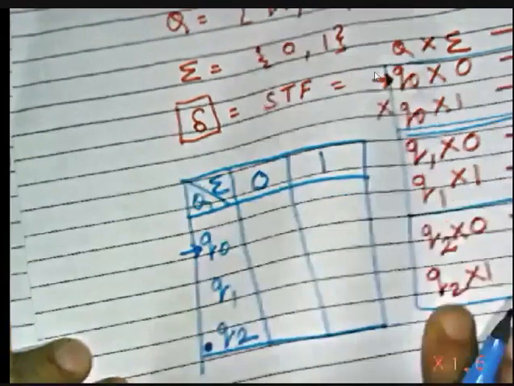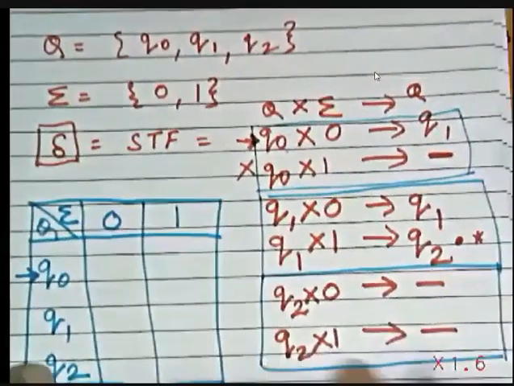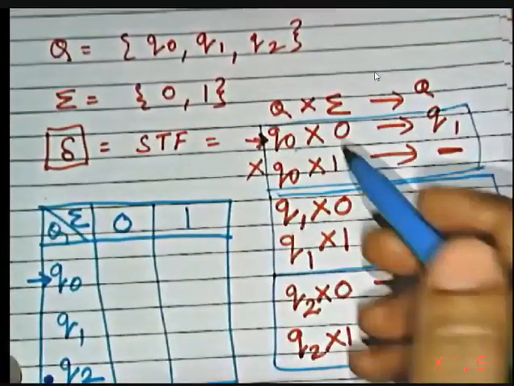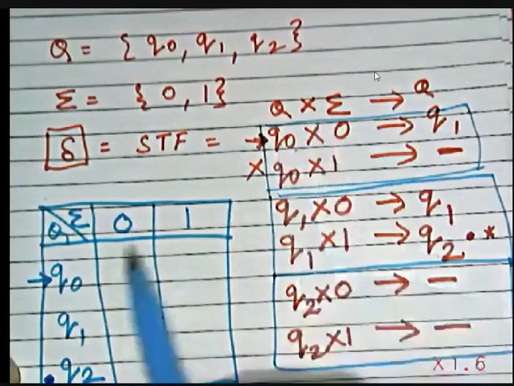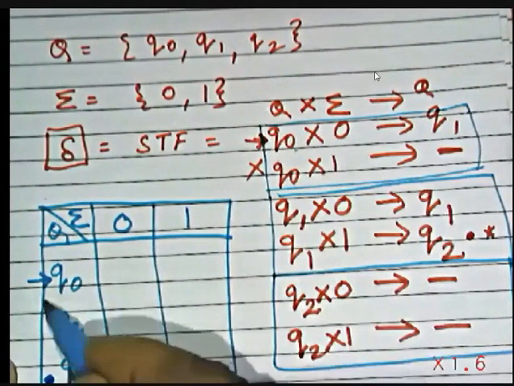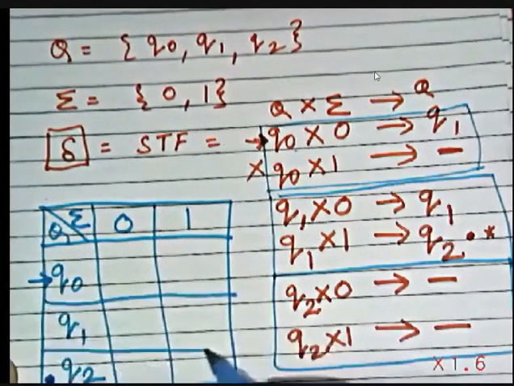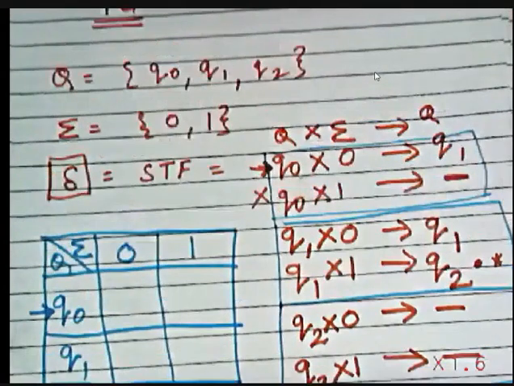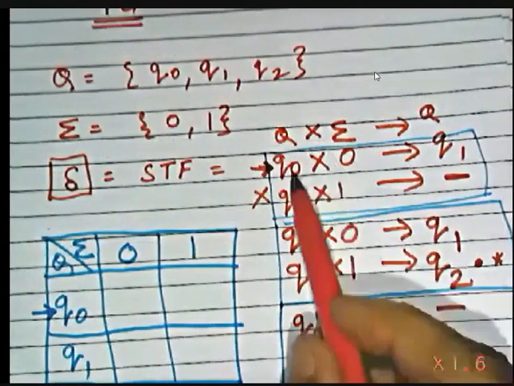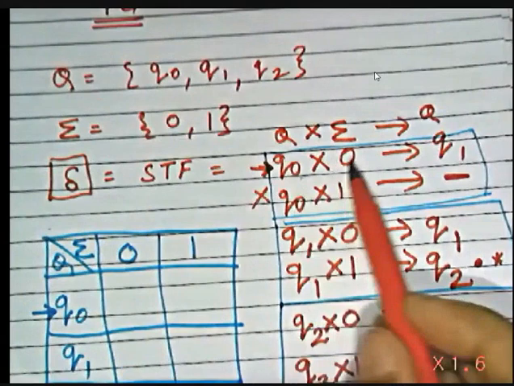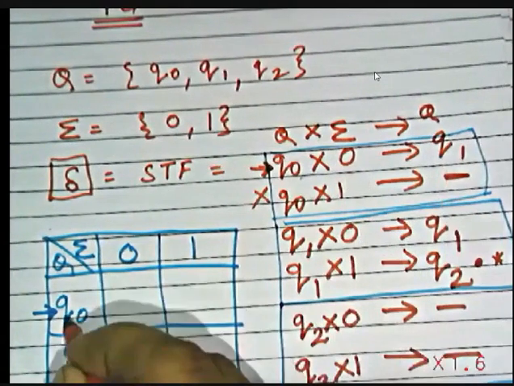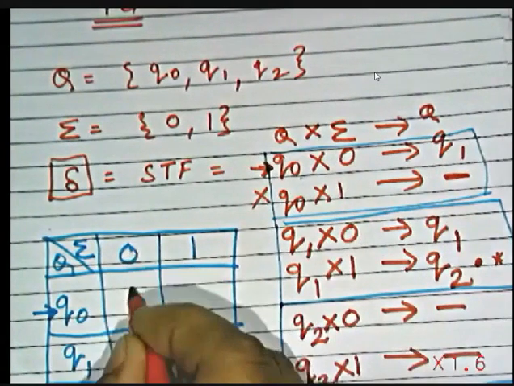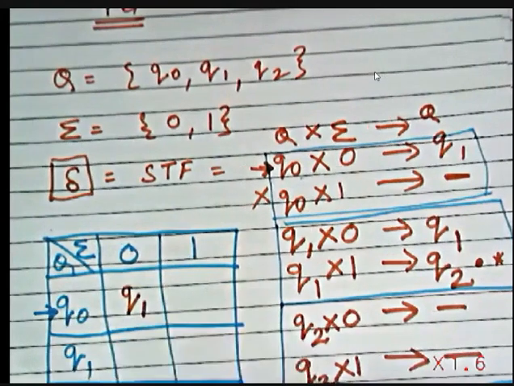Now we have just seen all these things from the given finite automata. I am just putting these values here. I'll make rows like this and now I am filling the values. So Q0 into 0 is giving me Q1. So I am writing Q0 into 0 is moving to next state, that is Q1.